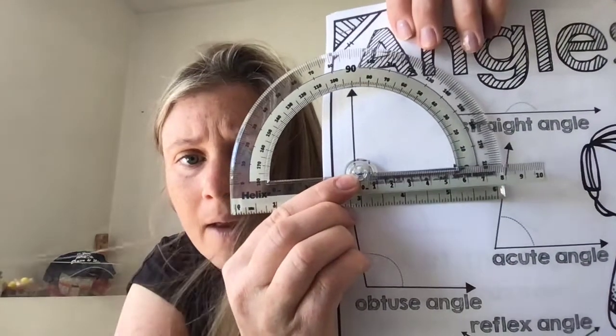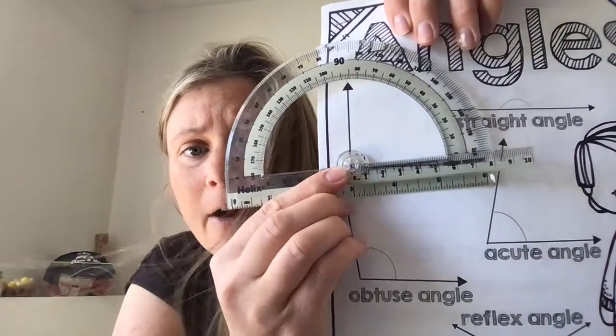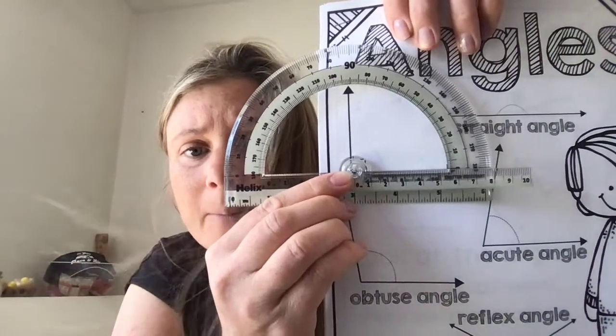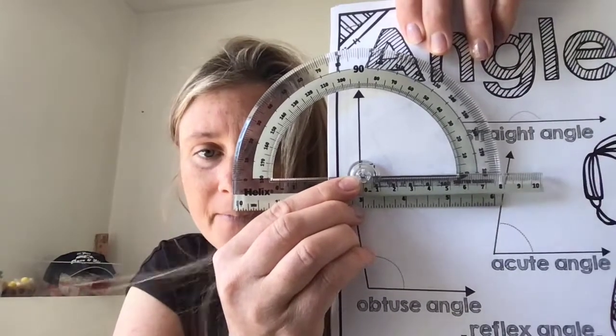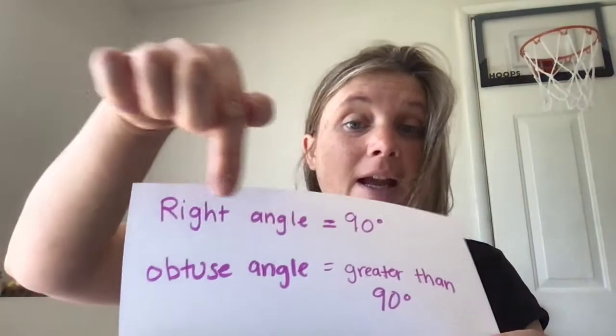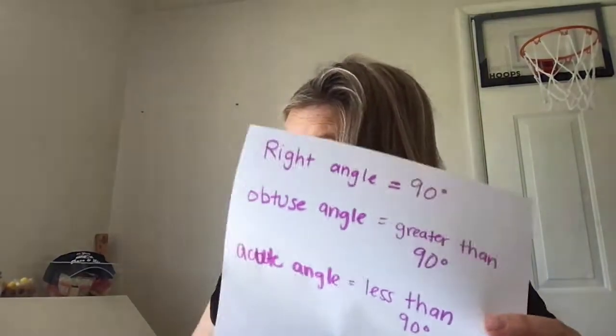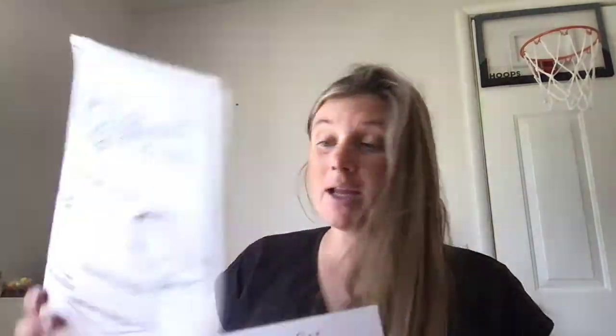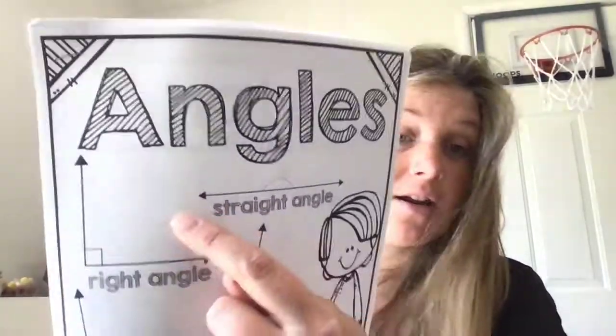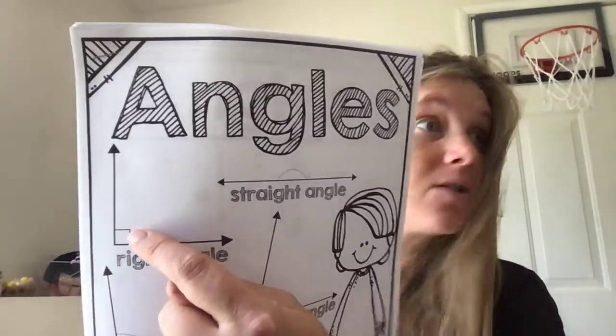Where is my arrow pointing when you got it lined up like that? What is it pointing at? The 90, right? A right angle equals 90 degrees. Could you write that right here? I just didn't write it on here so that someone can use this packet at school.